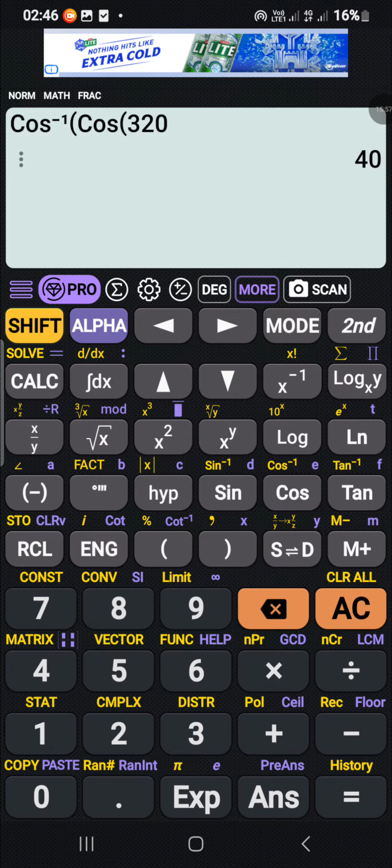Right, so let's see what this one is. The cos, we want to get the cos of 320. So I am going to arc. What do you get? We get 40 degrees. So it means 320 has reduced to 40.